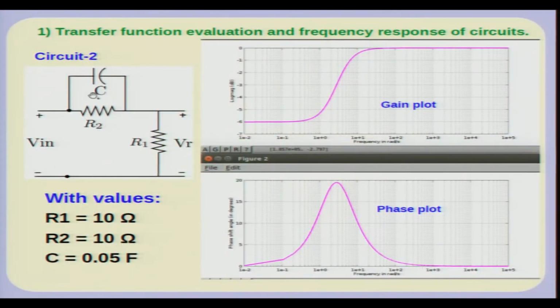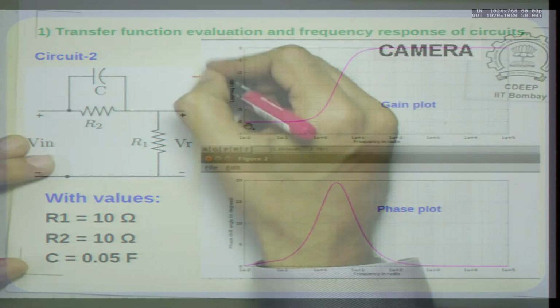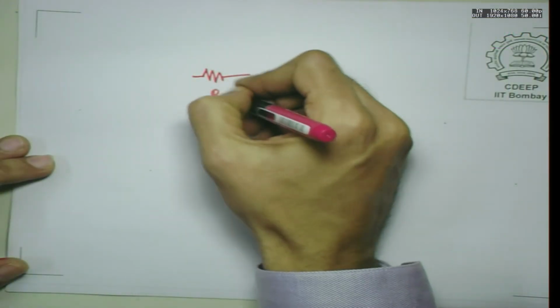In case you take a circuit which is slightly different, you can easily show that the transfer function comes out from this interesting looking circuit. Let me have a look at it from the screen.